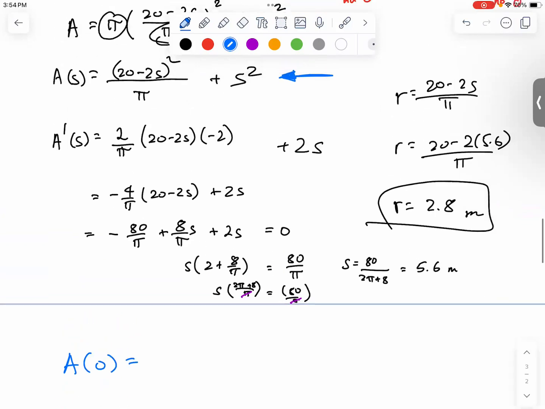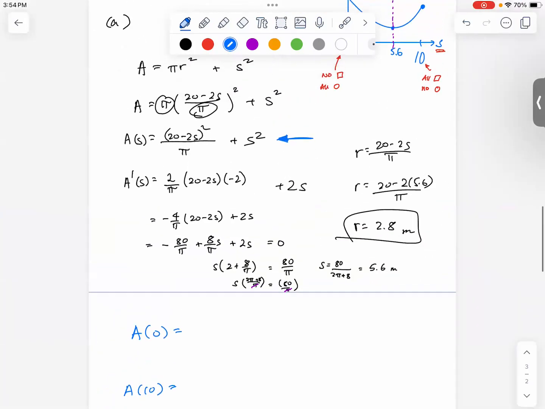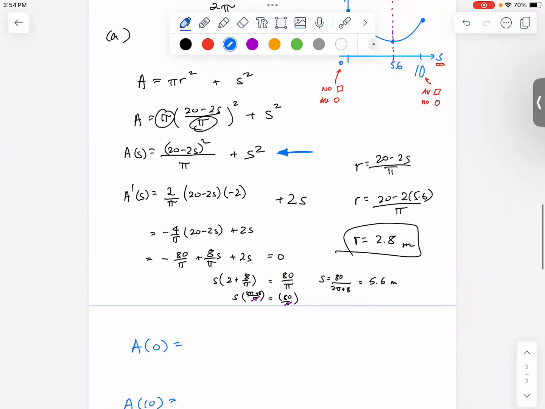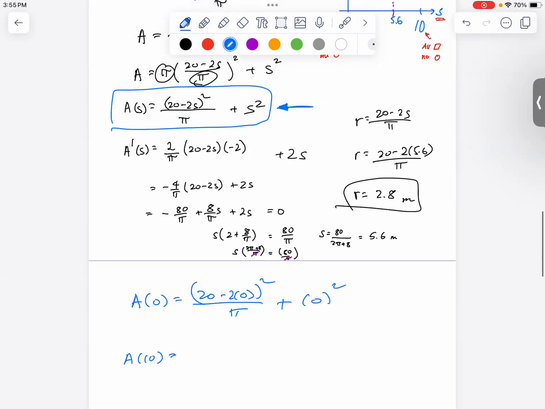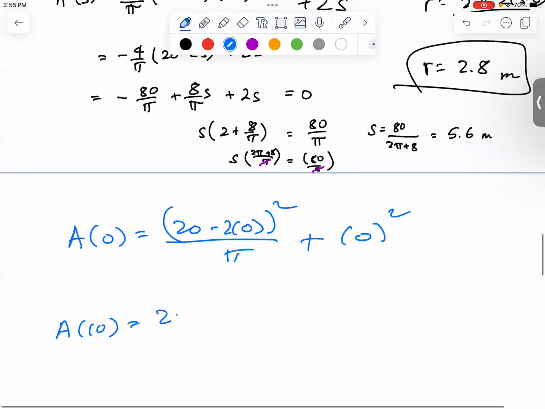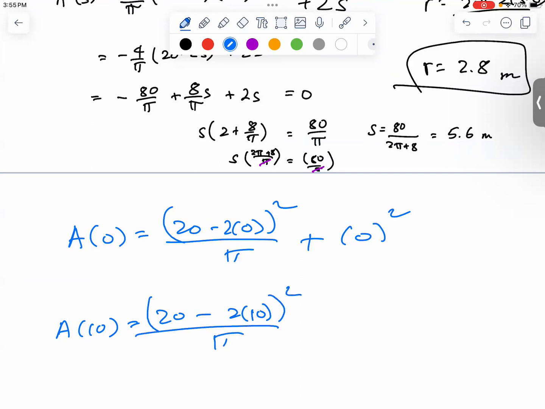And we say, oh, okay. So when the side length is equal to 0, we have what? This is the original equation of A of s, right? So 20 minus 2 times 0 squared over pi plus 0 squared. And then we have 20 minus 2 times 10 squared over pi plus 10 squared.